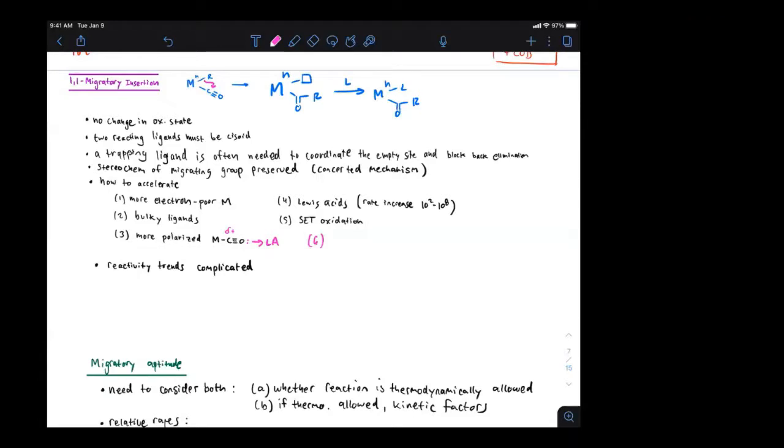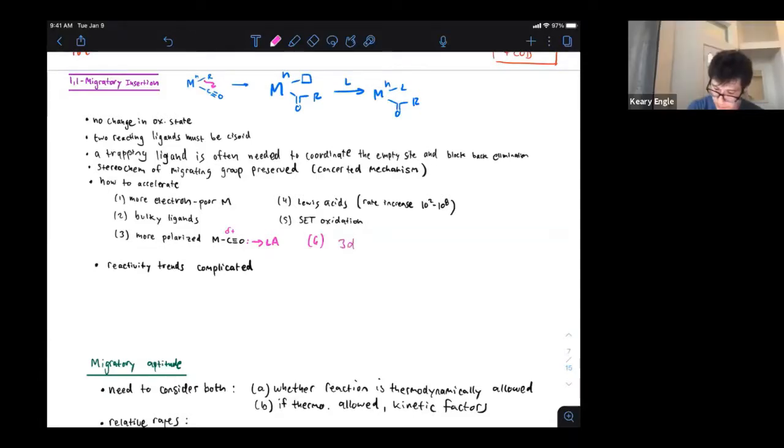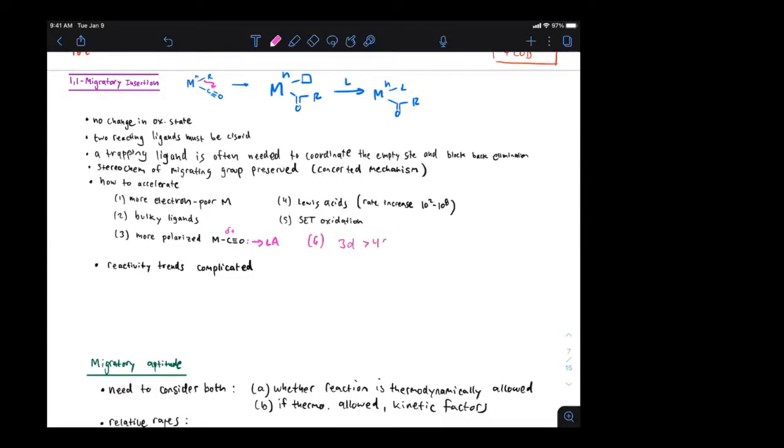Yeah, I'm here. I picked 3D. Okay, and why is that? Yeah, I rationalize that maybe the rate is showing how this metal can stabilize the vacancy, the empty orbital.